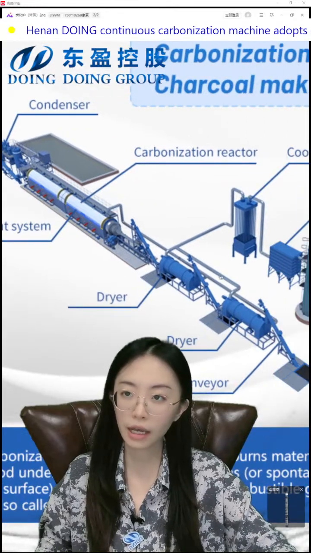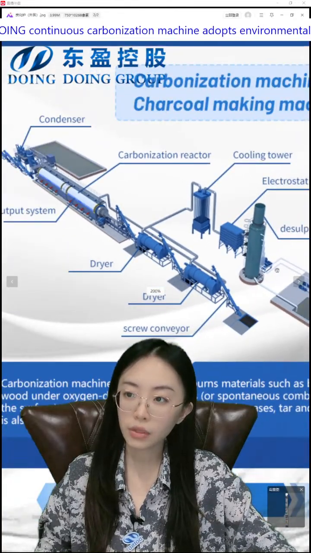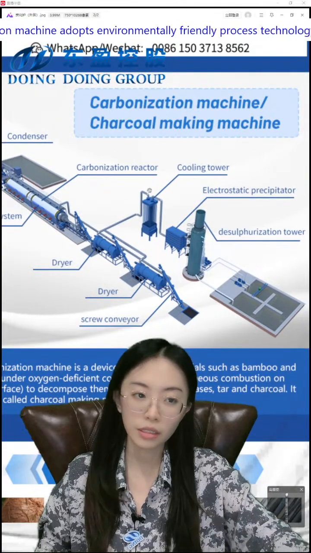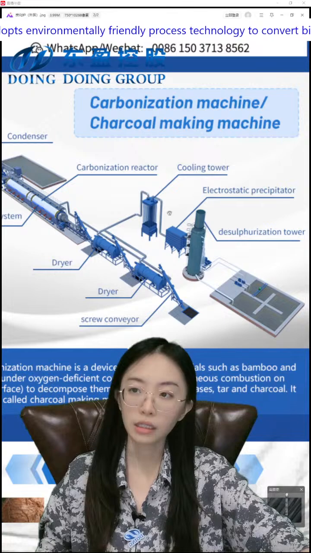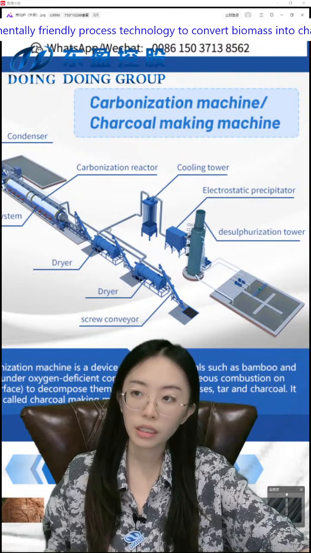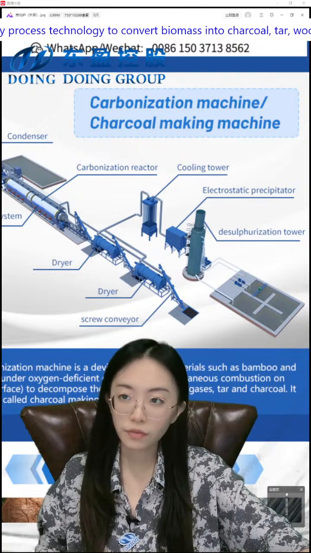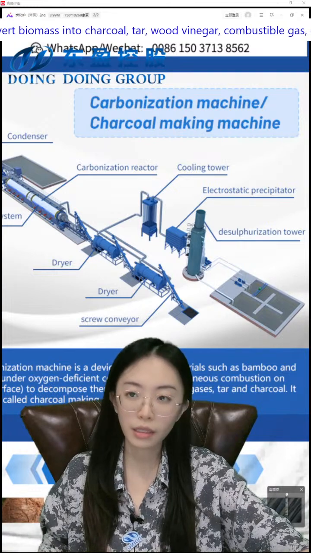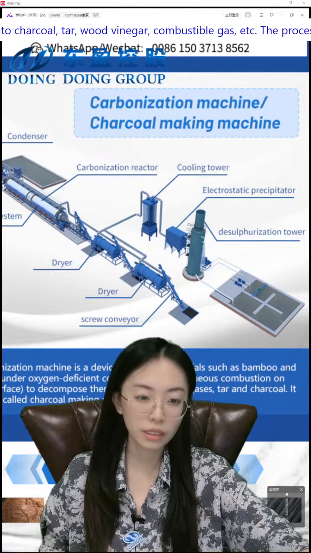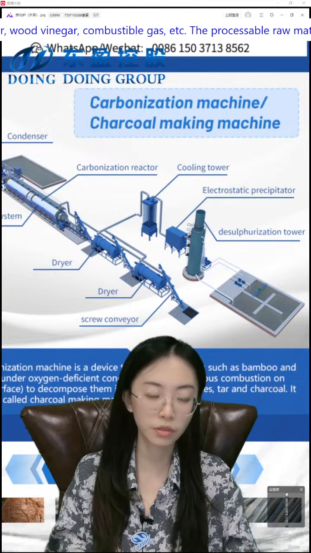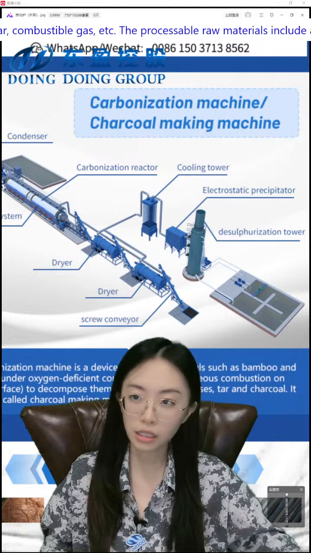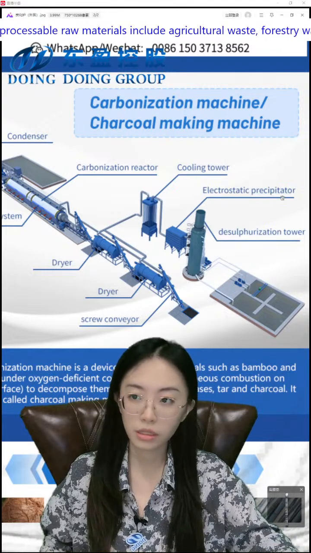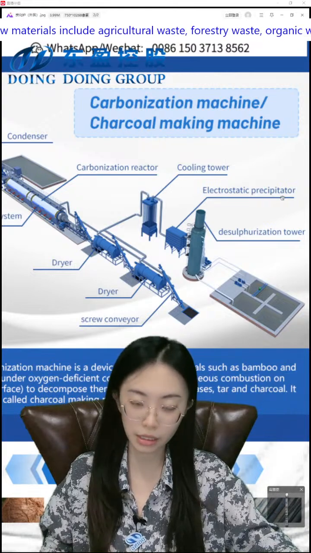Here is the whole line, and then we also have the cooling system and the purification system, which connects with the dryer. The smoke that we have will first come to the cooling tower to lower the temperature, and then to the electrostatic precipitator to absorb the dust in it.